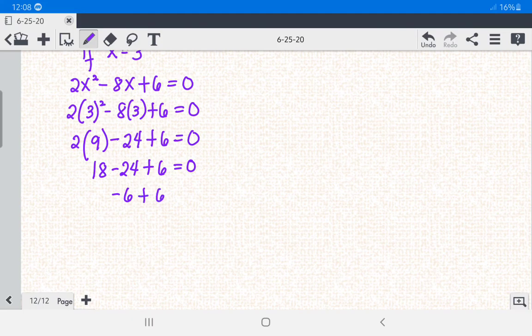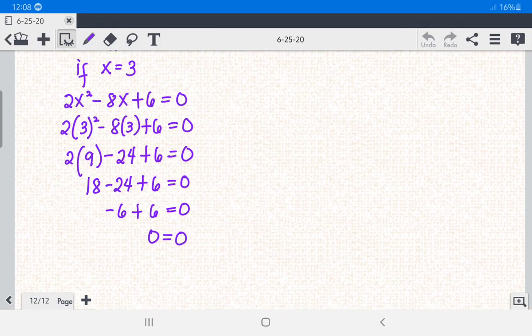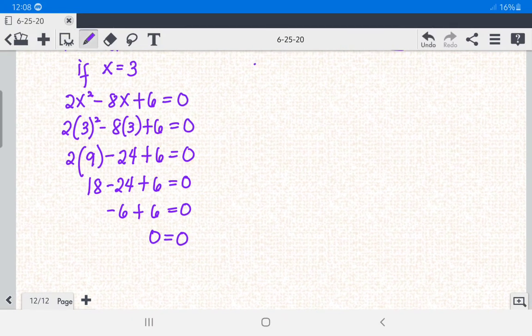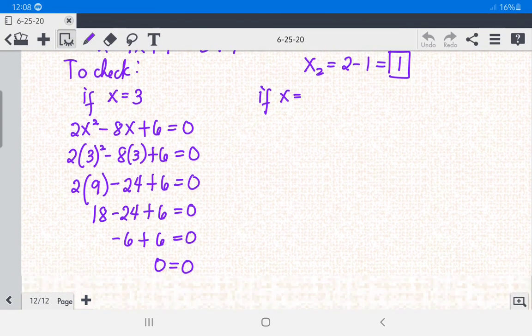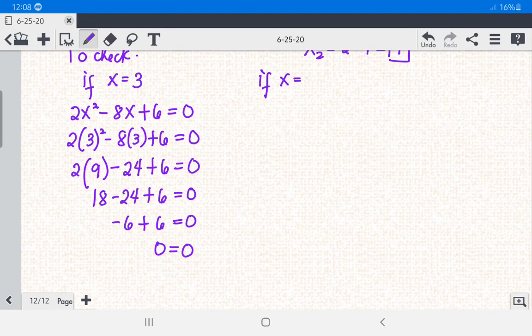Next, if x is equal to 1, using again the original equation, 2x squared minus 8x plus 6 equals 0, we have 2 times 1 squared minus 8 times 1 plus 6 equals 0.